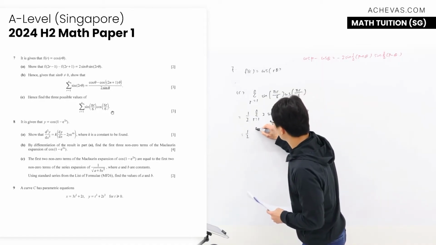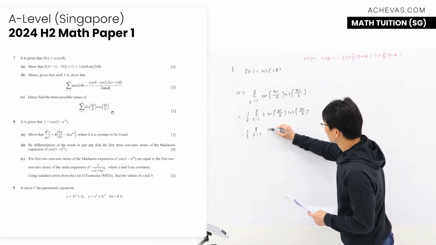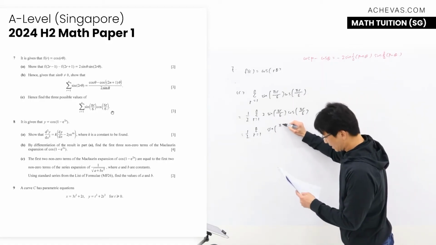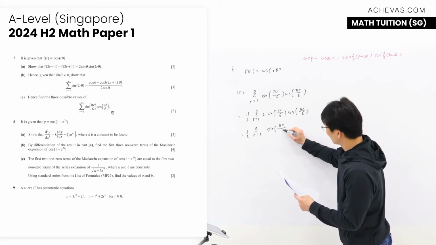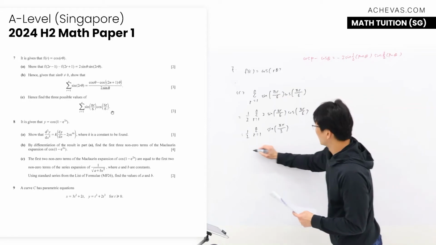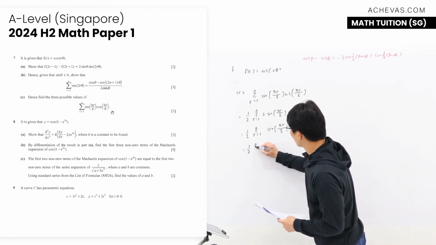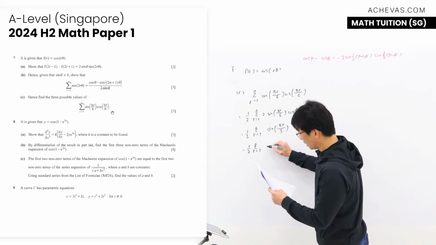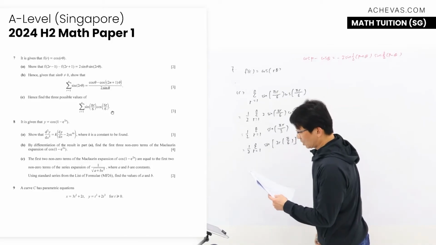And I can rewrite this to become the summation r equal to 1 of sine pi r over 3. In this case, it's actually the same as half the summation r equal to 1 of sine 2r pi over 6.